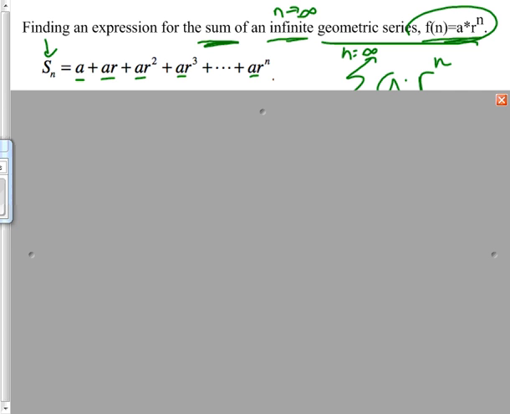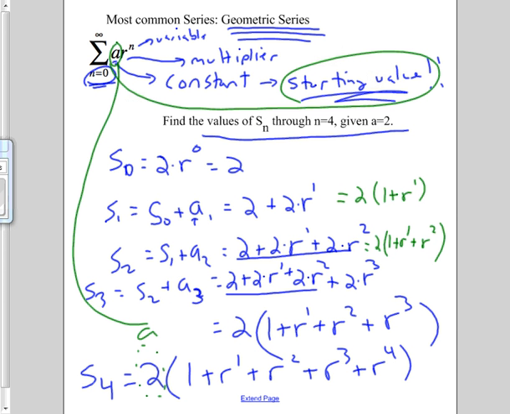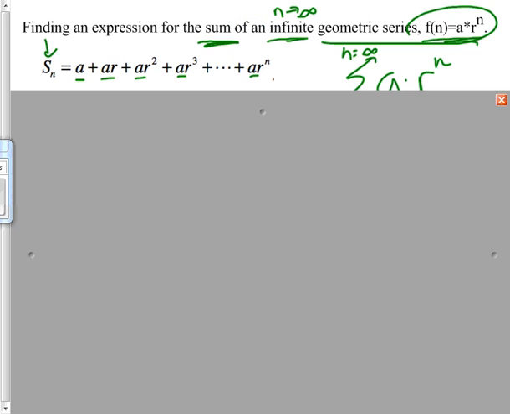So a plus a times r plus a r squared. That's exactly what we were doing before. Let me just go back a page. That's exactly what we were doing right here. Here's my a values, r to the 1, r to the 2. So we were doing that just a little bit ago.